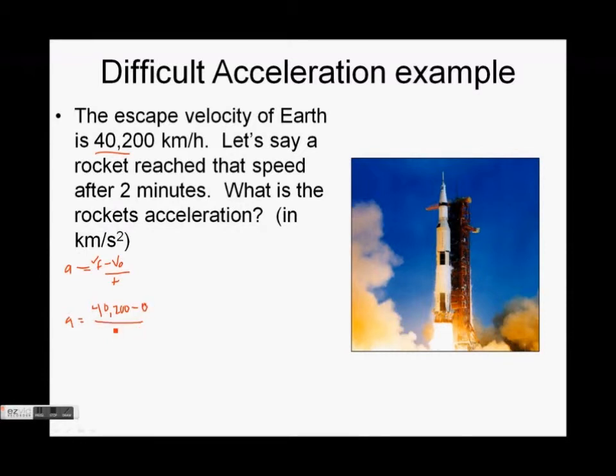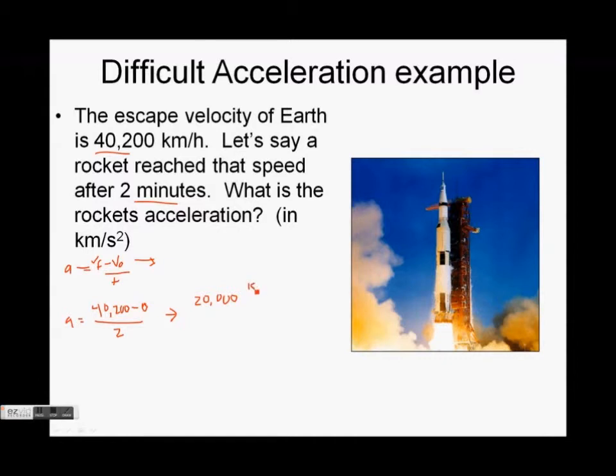Initial velocity, it was 0. It was resting on the launch pad. And divided by the time. It took 2 minutes to do that. So I divide that out, and I get 20,000 after I round. Now, what's my unit label?